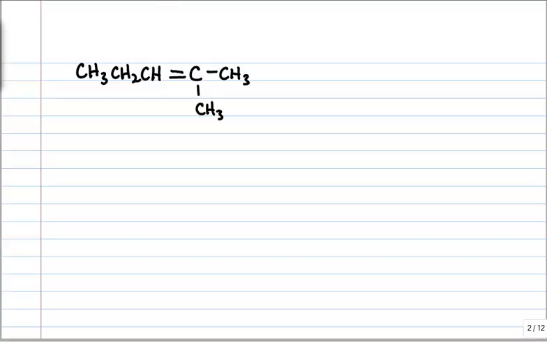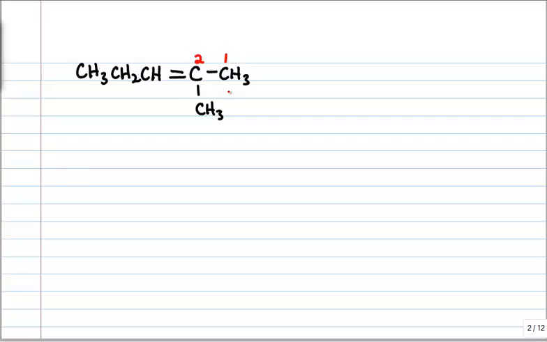So it looks like to me we have a couple of choices on where to start. The best place to start is here, because now we've just made this carbon of the carbon-carbon double bond 2. If you start on this side, you will not be able to do that. Of course, you could also make this carbon number 1 instead of this one, because they are in equivalent positions.